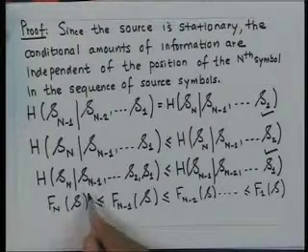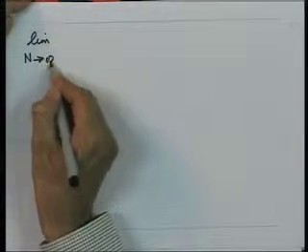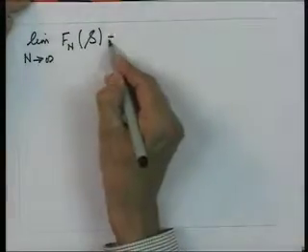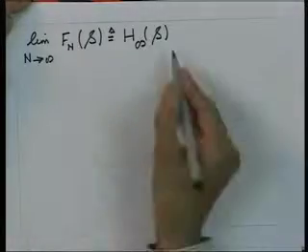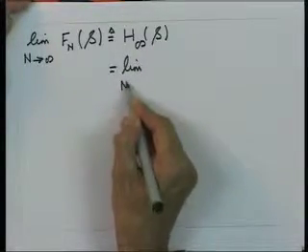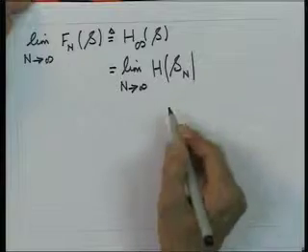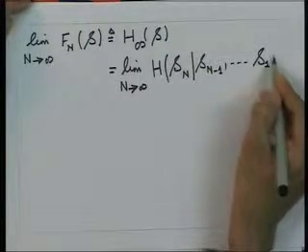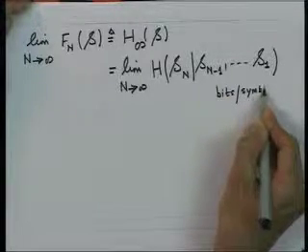Since Fn(S) is always greater than or equal to 0, this implies that the limit of Fn(S) as n tends to infinity should converge, and let me call that limit by definition H infinity (S), and this is nothing but the limit as n tends to infinity of the additional information of Sn given that n minus 1 preceding symbols have been observed. This is in bits per symbol.